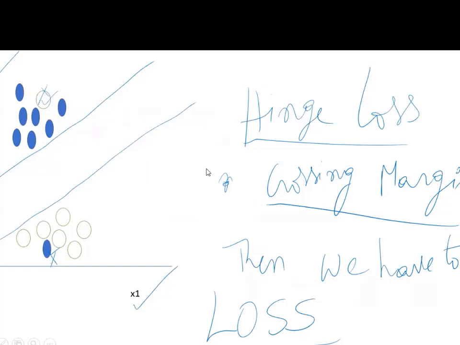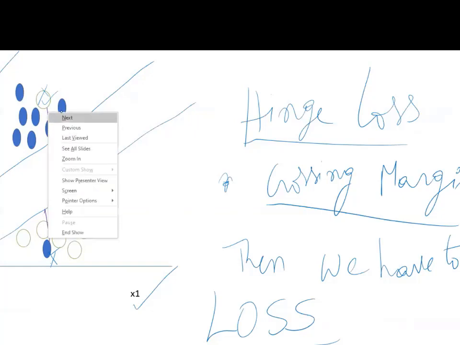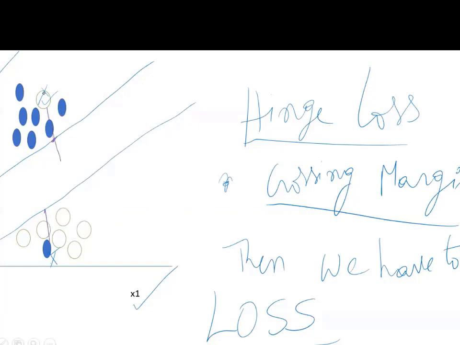See, we are not able to predict this correctly, and similarly this one. Calculate the distance only for the faulty ones. Calculate this distance, and similarly this distance.